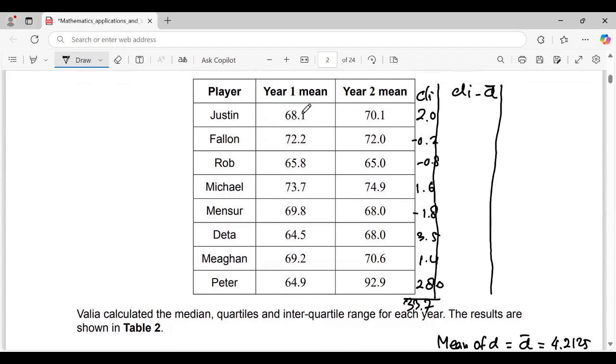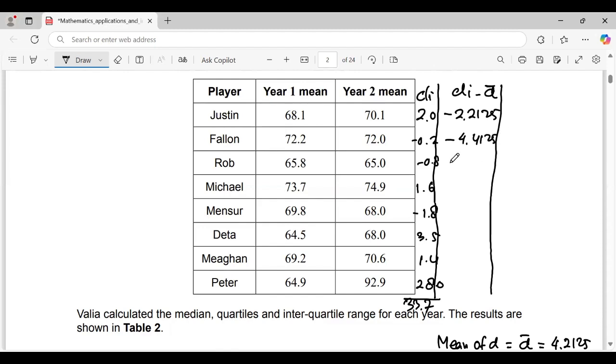Now these numbers: 68.1 minus, sorry, minus 2 minus 4.2125. Okay, and we got the result minus 2.2125. After that, 0.2 minus 4.2125, we got the result minus 4.4125.